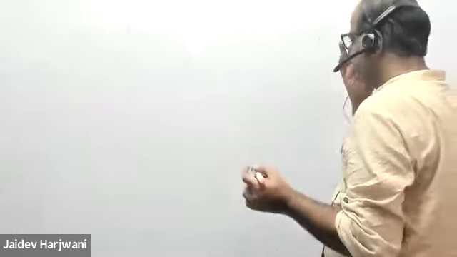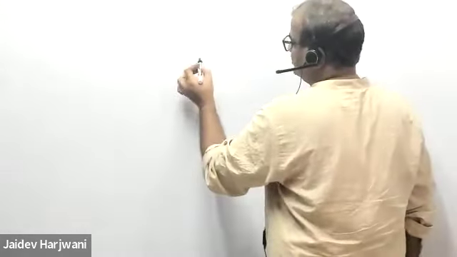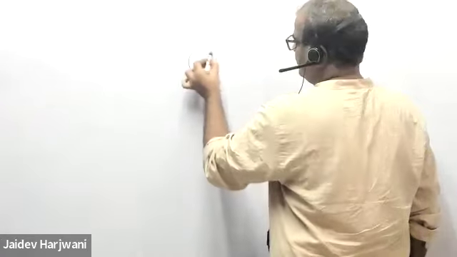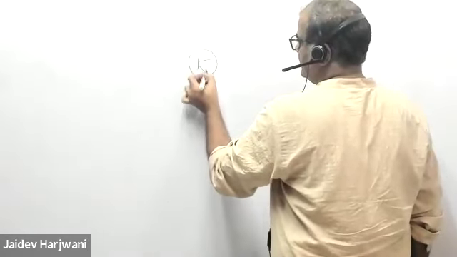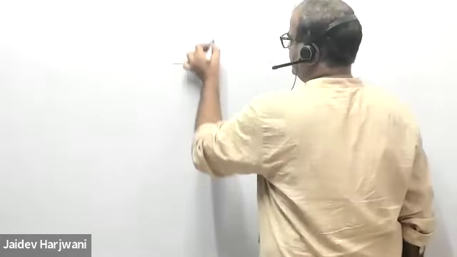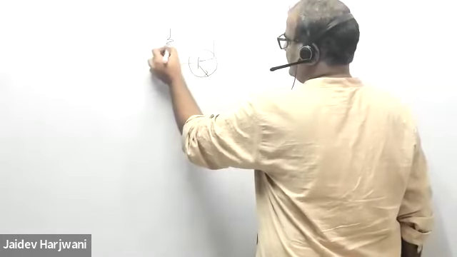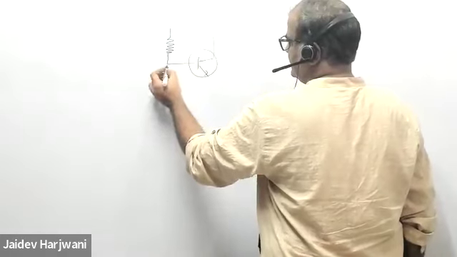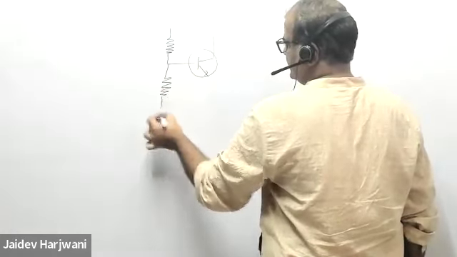Question number 1. Let us first understand what the amplifier circuit is once more. This is the common emitter configuration, and this is your base. Here you have a resistance; this is a voltage divider circuit.